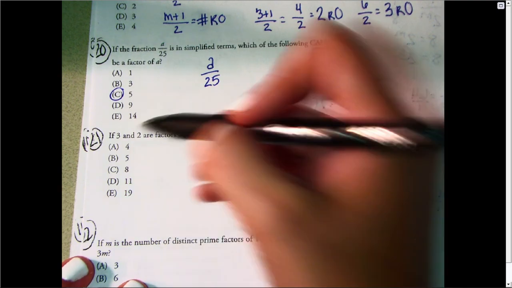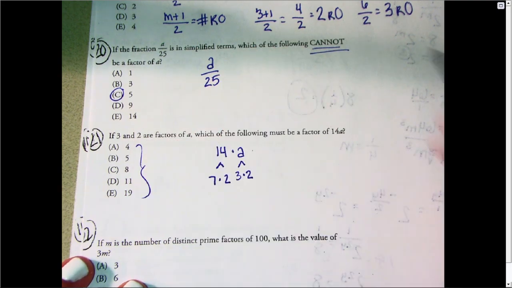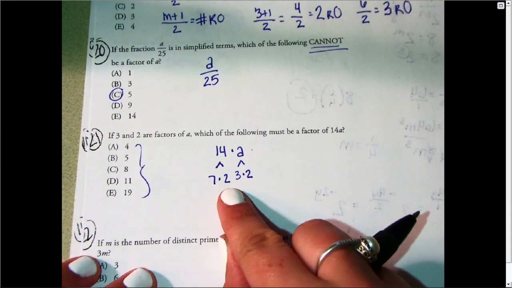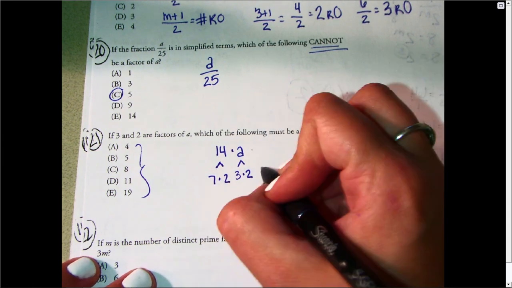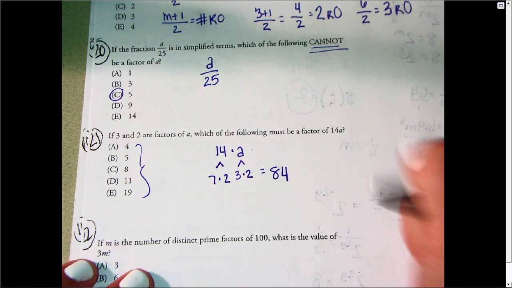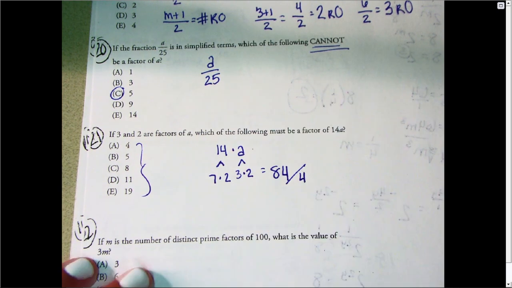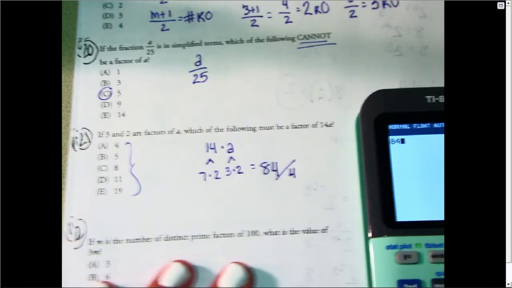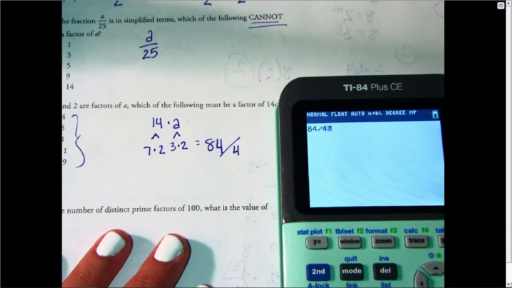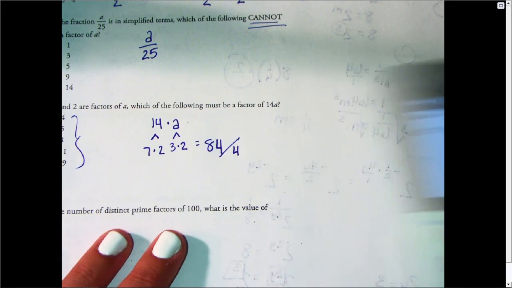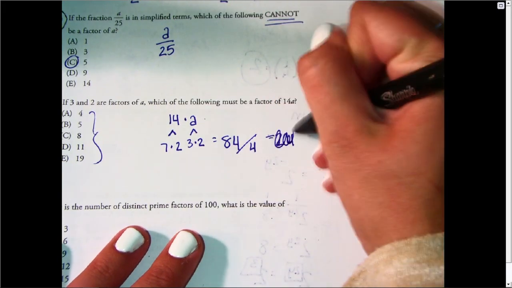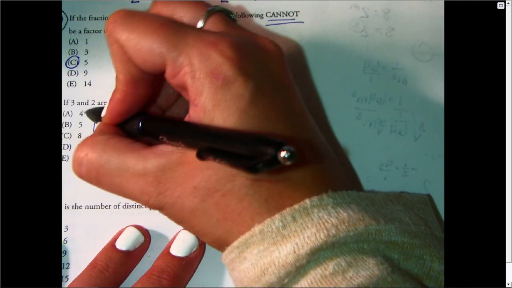To figure out which one of these answer choices must be a factor of this, let's multiply them all together. 7 times 2 times 3 times 2 gives me an answer of 84. When I divide 84 by 4, remember factors have to go in evenly. So 84 divided by 4, I get a whole number of 21, which means 4 is divisible.